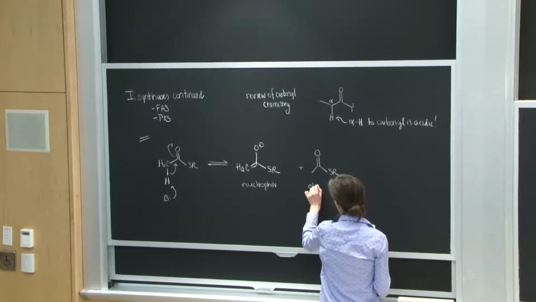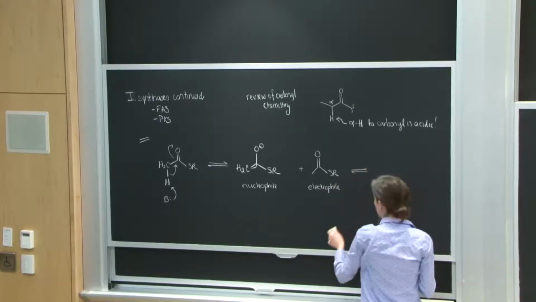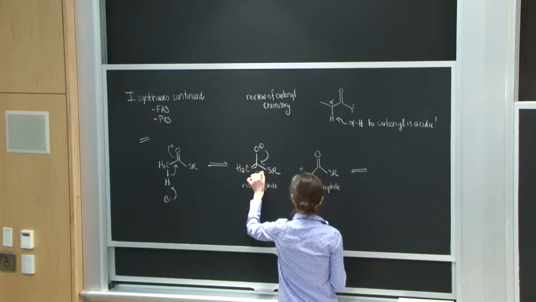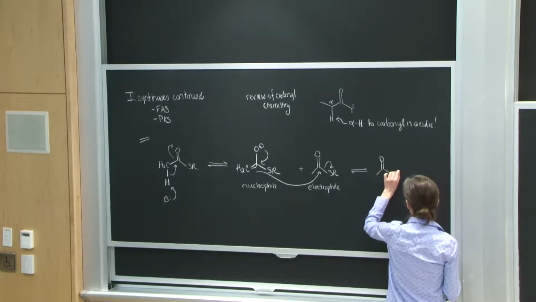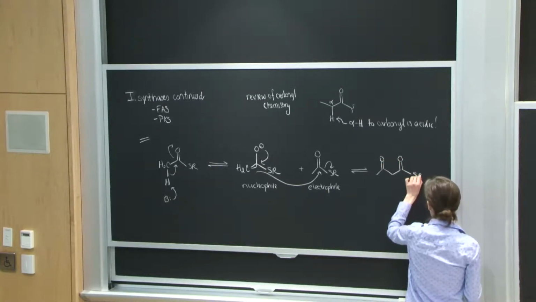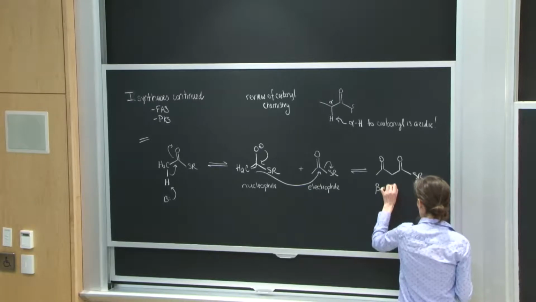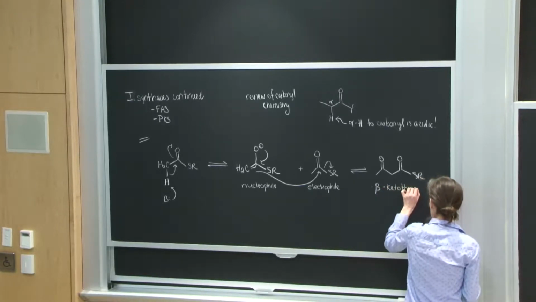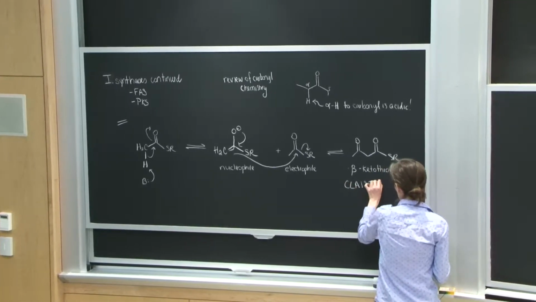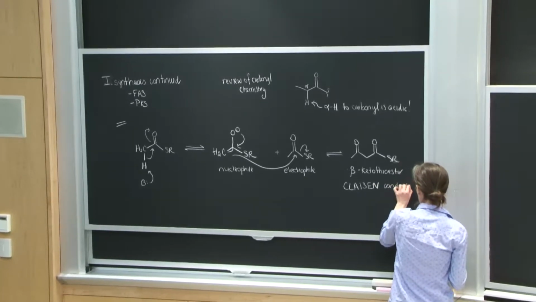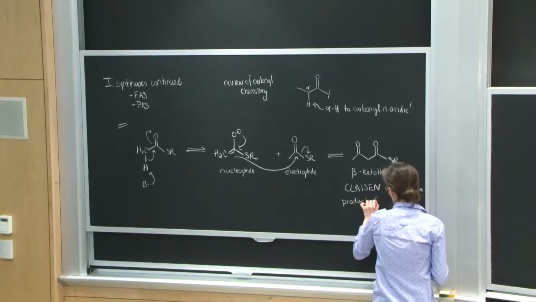And here's our electrophile. What do we get? We get formation of a beta keto thioester. Okay, which is the Claisen condensation product. Okay, we have 2 thioesters.